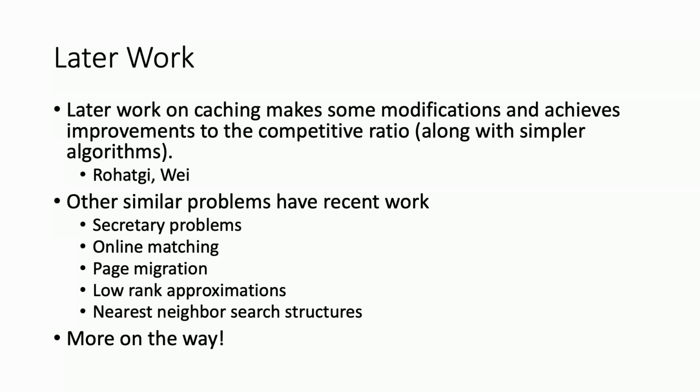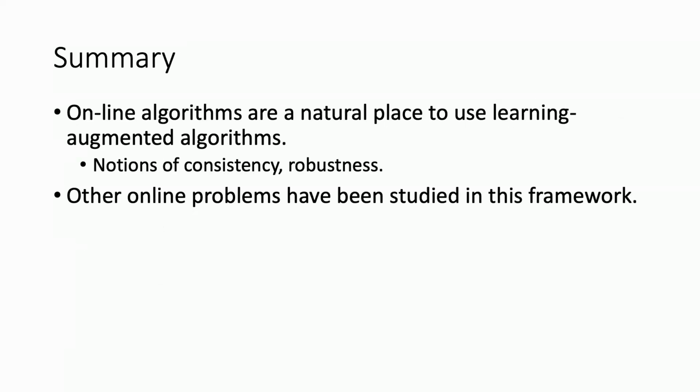You can check if there's already been a paper on this. If not, you can write one. People have been really looking at this and coming up with some really neat results. All right, so summary of that little piece. Online algorithms are a good natural place for these sorts of algorithms. And this is a very quickly growing area of research.